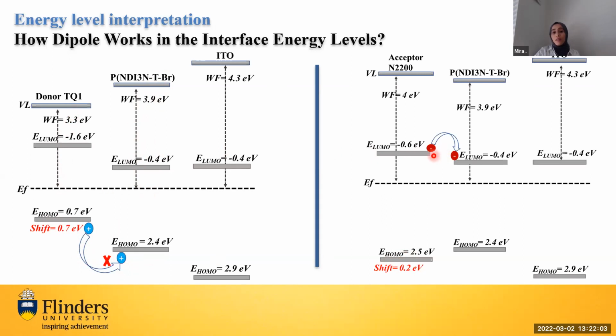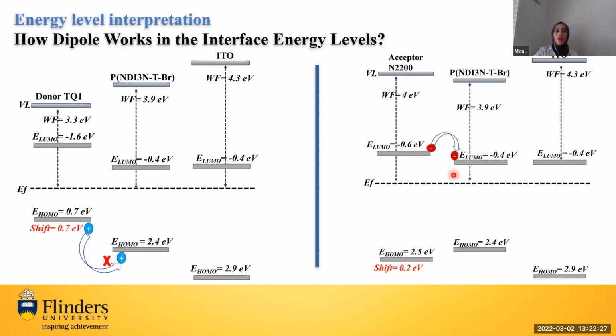On the other hand, we can see the LUMO of N2200 is affected a bit by the dipole formation and moved above the LUMO of P11. So in this case, the electron can now transfer easily from N2200 to P11.